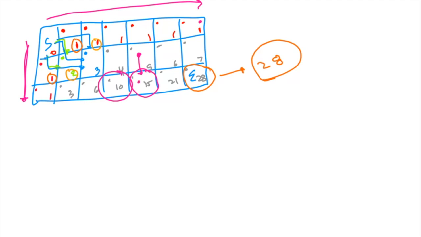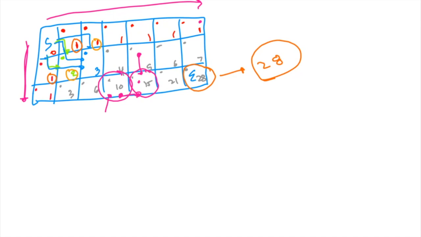Now, for the square to the left of it, if there are 10 ways to get to that square, then there should be an additional 10 ways to get to the square to the right of it, because in each of those patterns, once we get to this square, we can just move to the right once and get to the square which we want. So that is why for each square, the number of ways to get to it is the number of ways to get to the square above it, plus the number of ways to get to the square to the left of it.